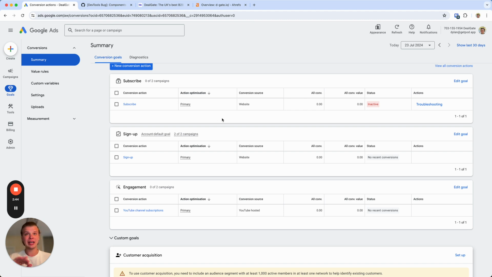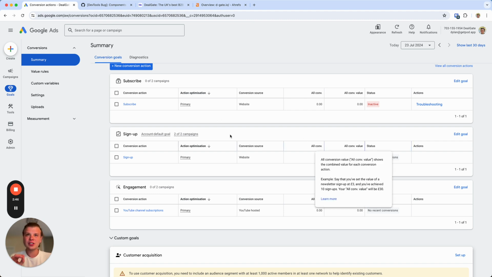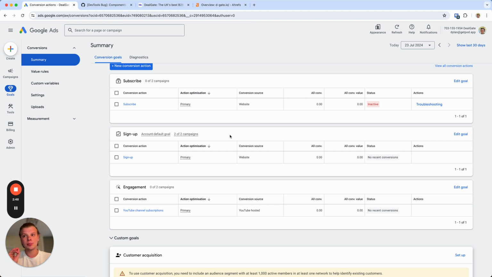My next point is the strategy we want to play here is we want to get to 30 conversion events a month minimum as quickly as possible, and Maximise Clicks will allow us to get there when our account doesn't have any data. What I would recommend is setting up 2 conversion events.